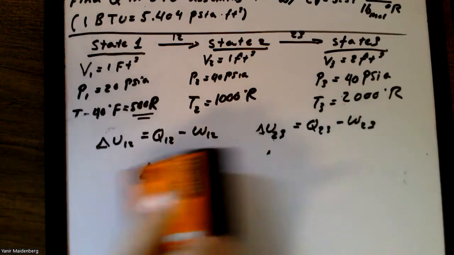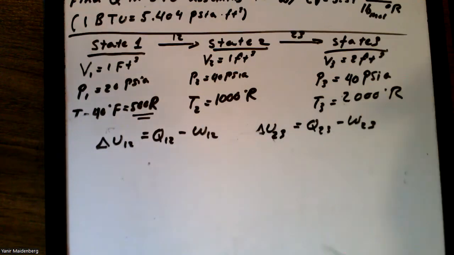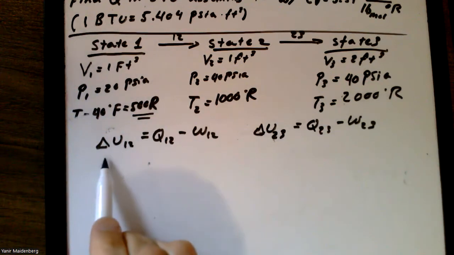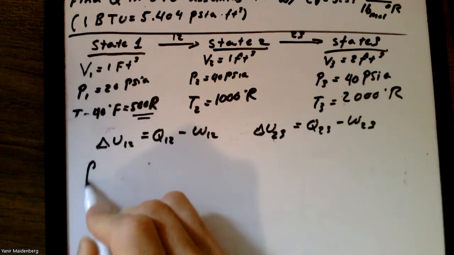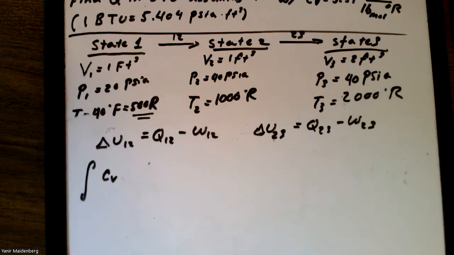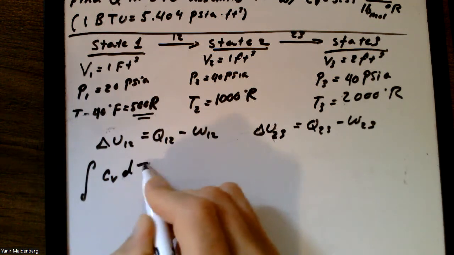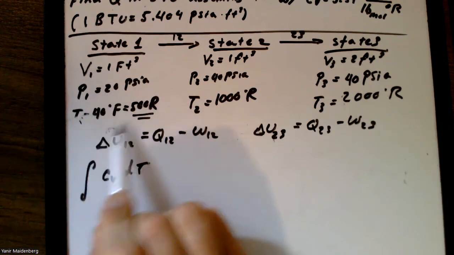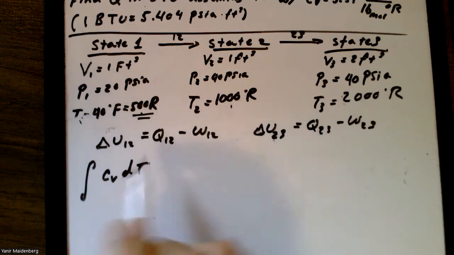That's true. And to get delta U here, this is going to be the integral of CV dT from T1, which is 500, to T2, which is 1,000.